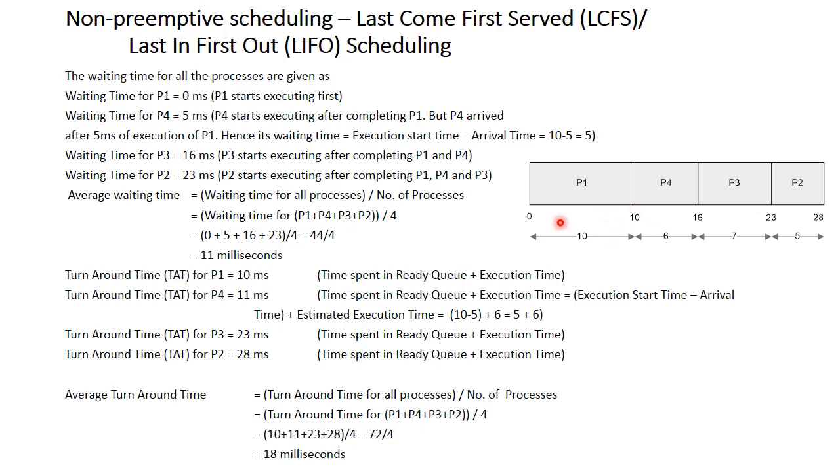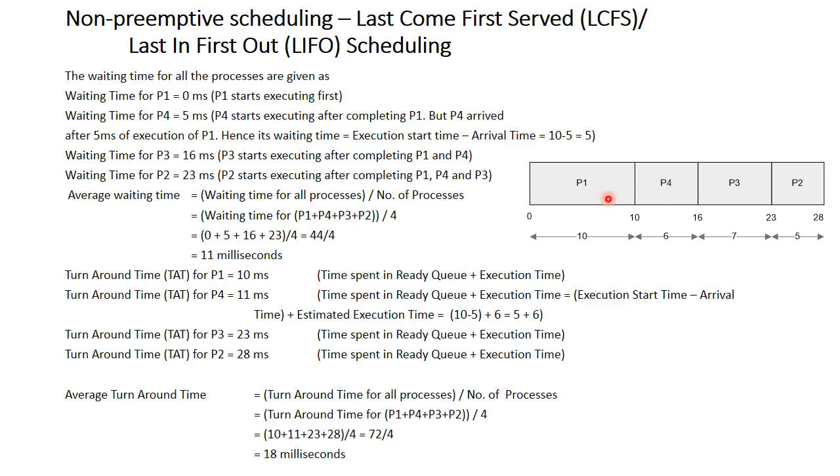So why is it so? P4 starts executing after completing P1, but P4 arrived after 5 millisecond of execution of P1. Hence, its waiting time will be execution start time of P4 minus arrival time of P4, that is 10 minus 5, which is equal to 5. 5 millisecond will be the waiting time for P4.